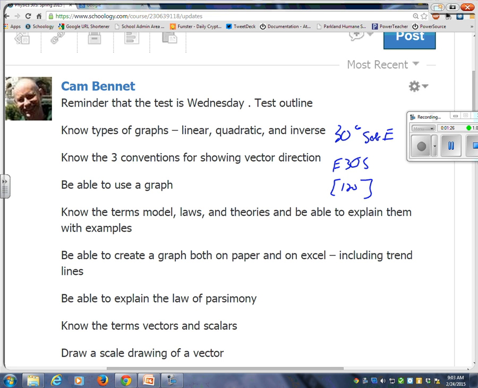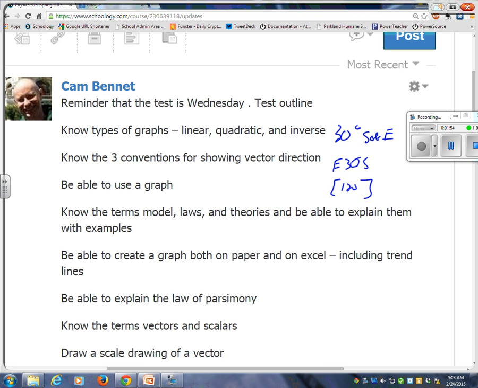All of those 3 are equivalent to each other, so you should be familiar with them. I think what I did was I just made multiple choice questions, drew a vector and said, which one of these is that? So again, easy to mark, but it also checks to see if you understand the vector direction conventions. Be able to use a graph. There will be a question where you have to come up with something off the graph.